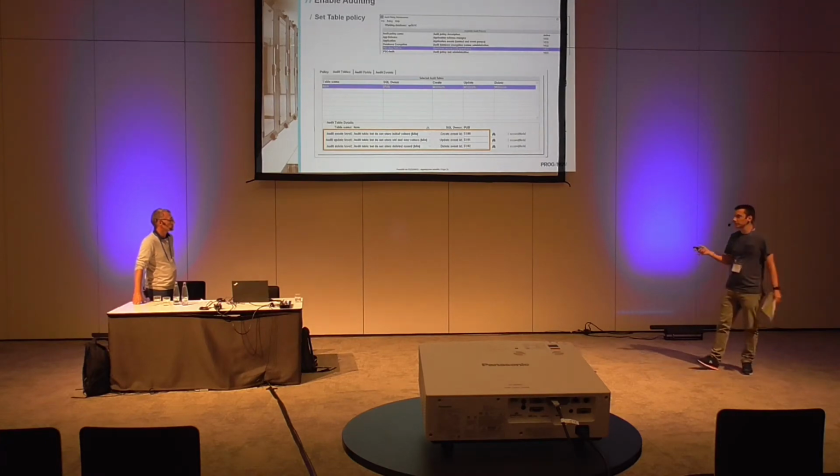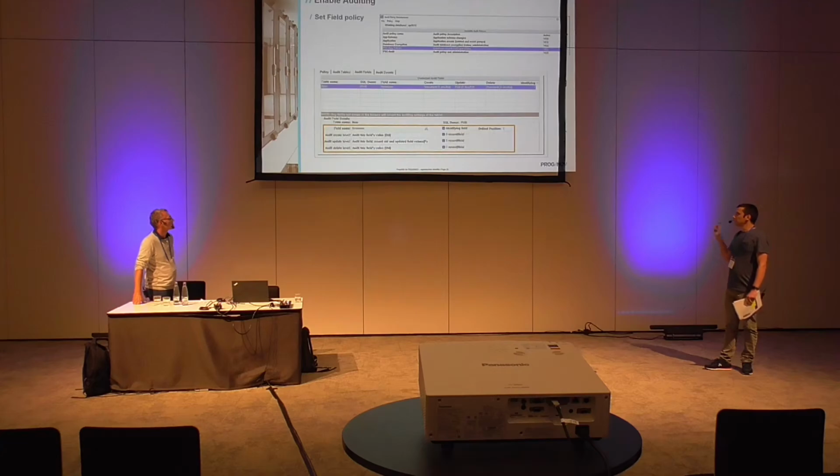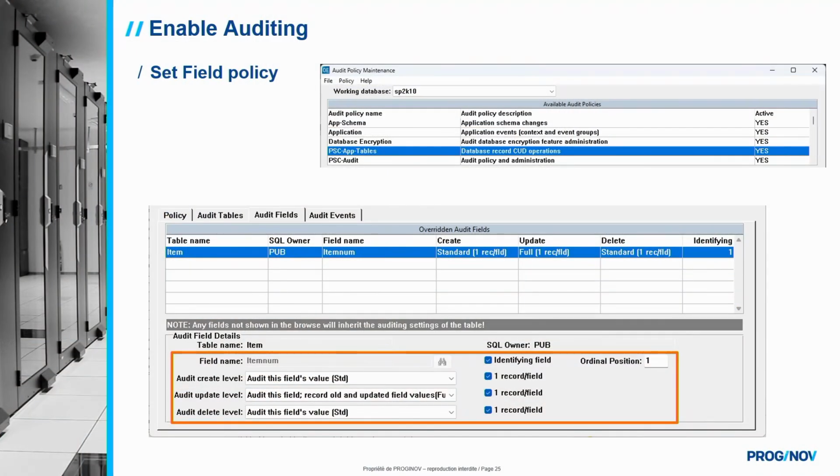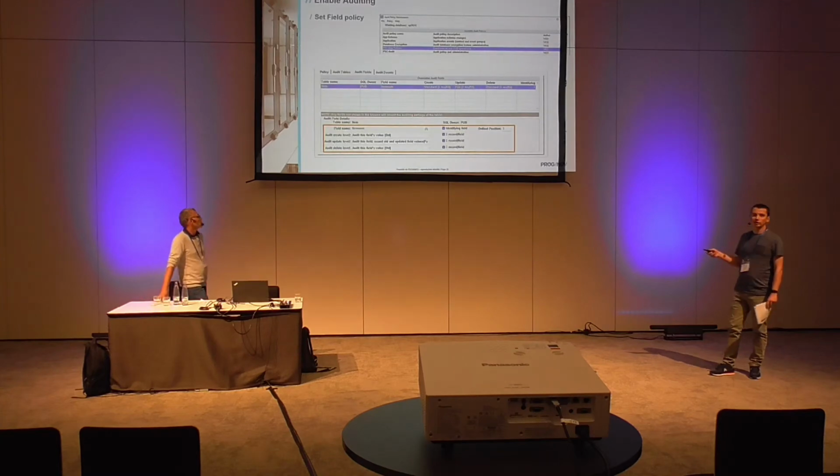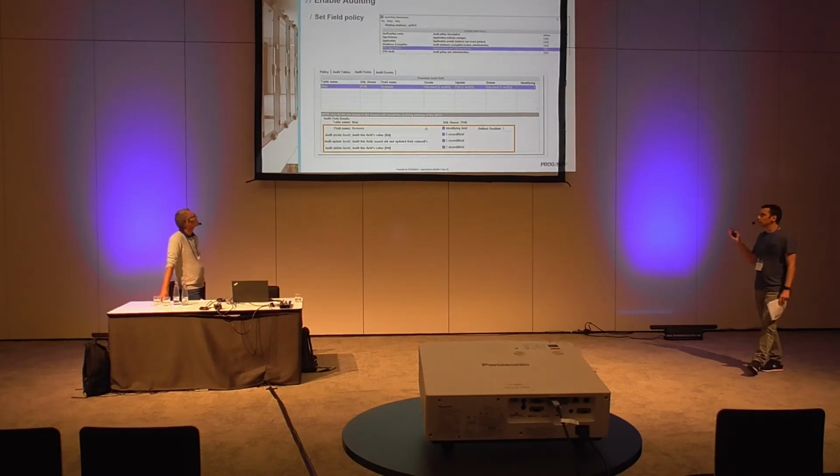We don't need them. And then we define a policy for the identifying field. So here it's item num. And for this field, we also define a policy level, this time at a higher level, to store every value when this field is updated.